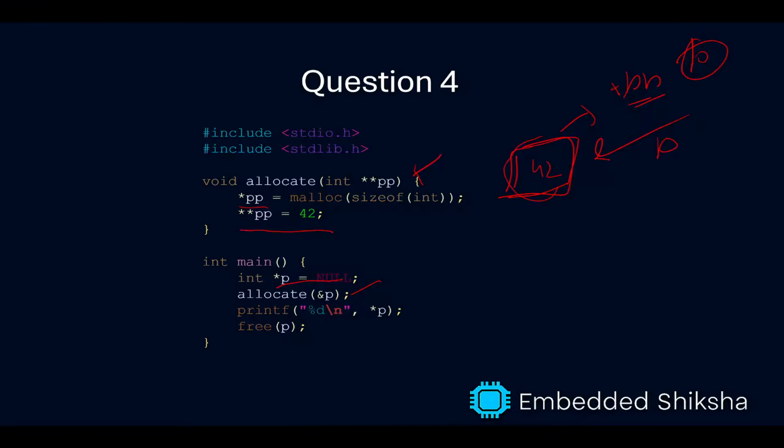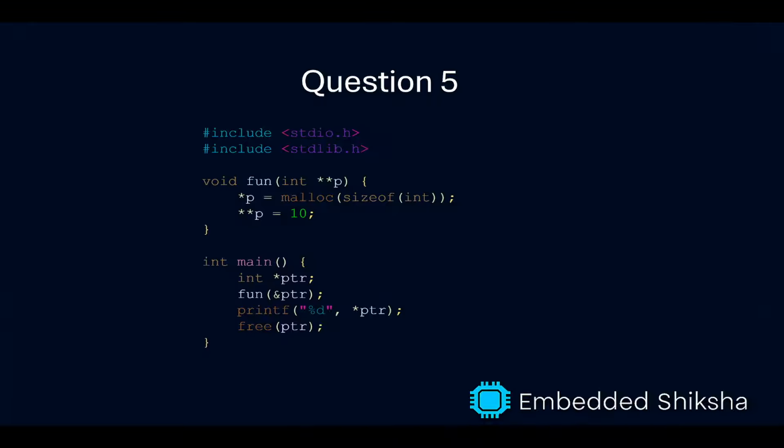Once you come out of allocate, you will be printing star p. Now you are dereferencing this pointer, and dereferencing means it will give you the value at that particular address. So p is holding the address of this memory which you have just allocated, and the value at that address is 42. So the output of this program will be 42.